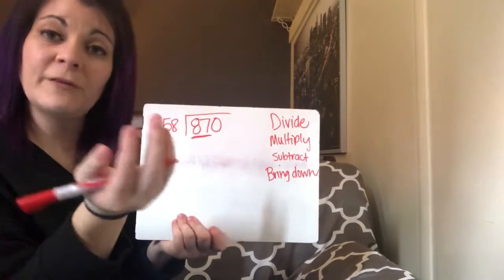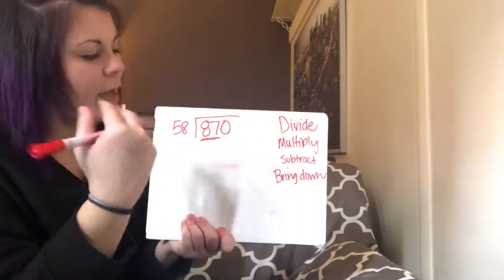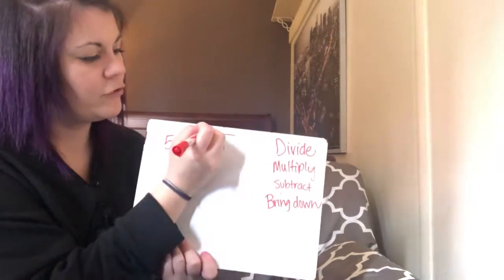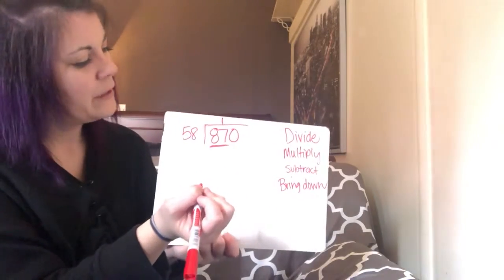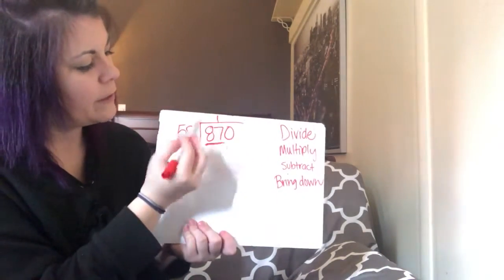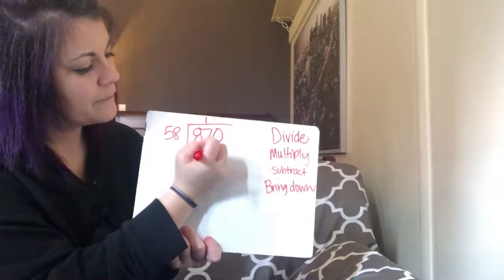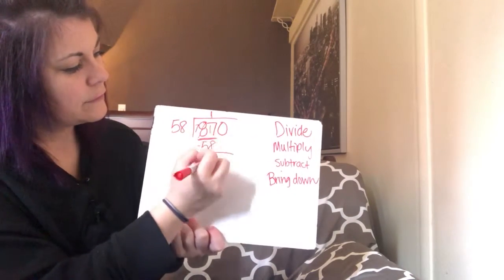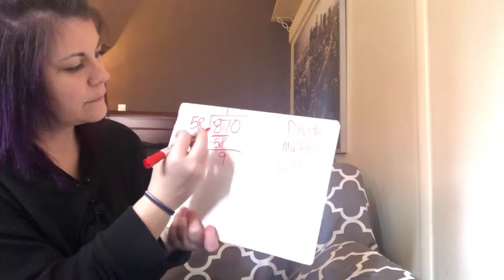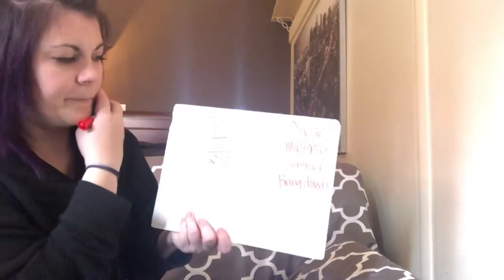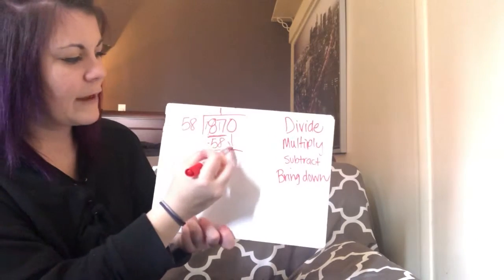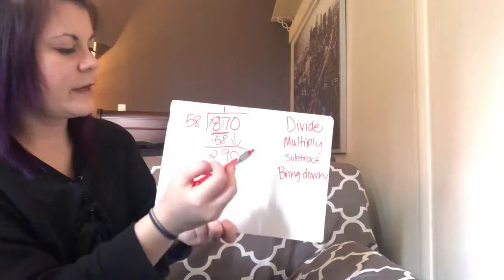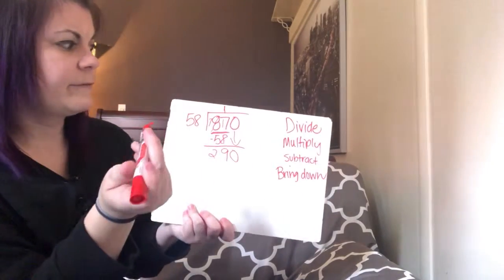I don't really know my 58 multiplication, but I do know that 50 times 2 is 100, so it's not going to go in 2 times because 58 is more than 50. So it goes in once, then I multiply. 1 times 58 is 58. I subtract, 87 minus 58 is 29. Then I bring down the 0, which is the fourth step, and then it's 58 into 290.